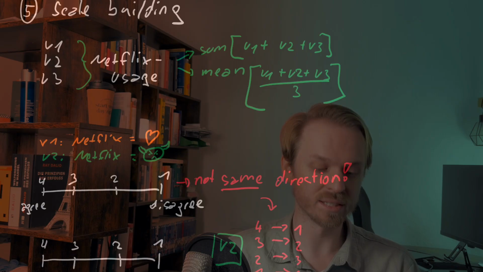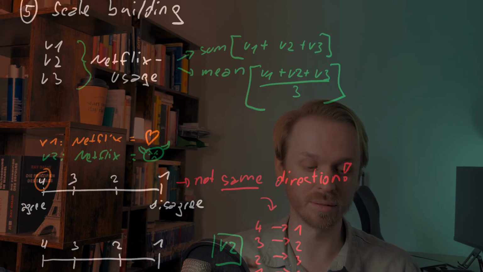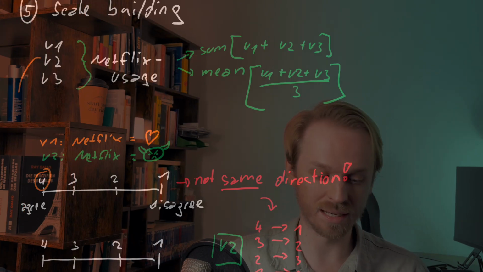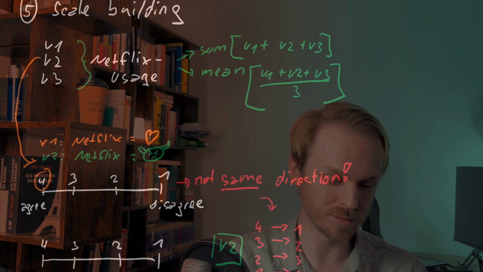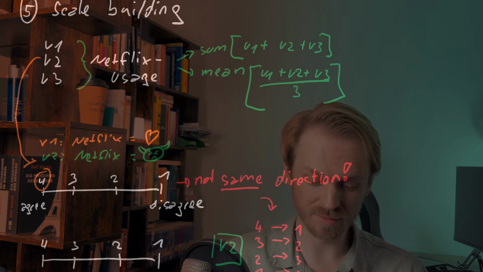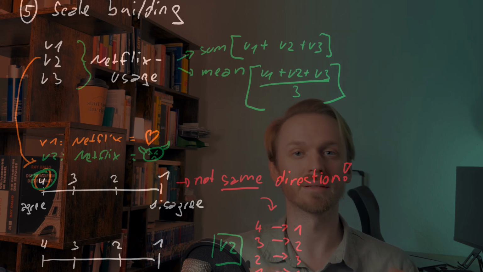One of the biggest mistakes students usually make here is that they do not check whether the questions or the metrics they are using are going in the same direction. For example, if I have a question like, how much do you like Netflix? And you have to say whether you agree or disagree, then you can say, yes, I love Netflix very much. And if you have a similar construct, so V2 in this case, I hate Netflix, and you say, I agree here too, then you will have conflicting data.